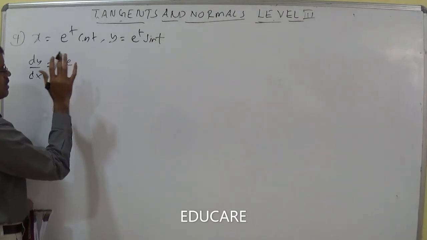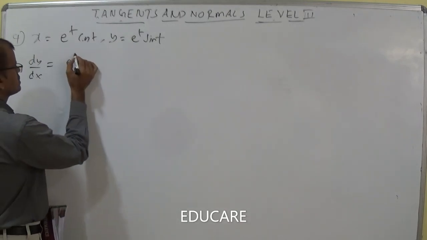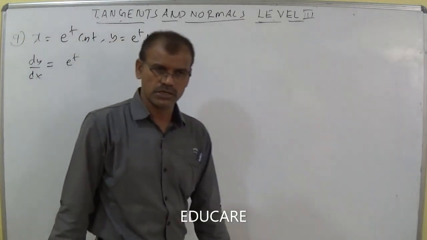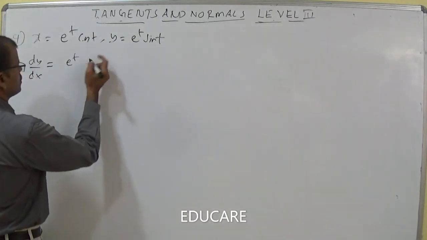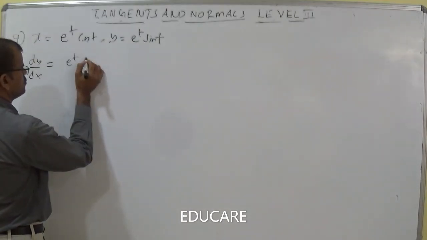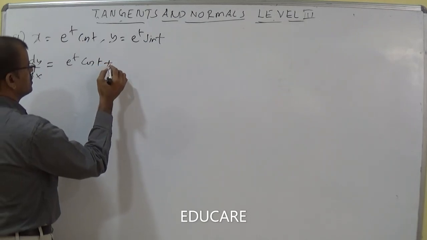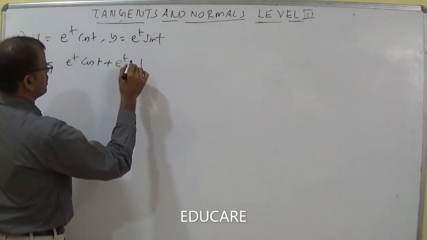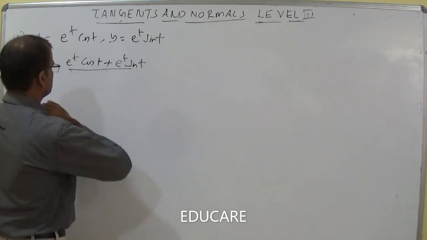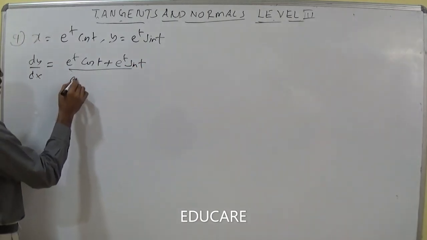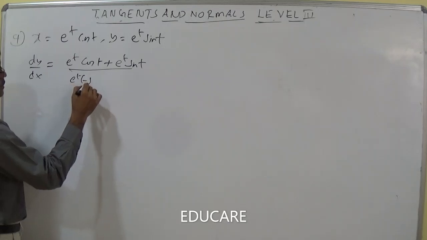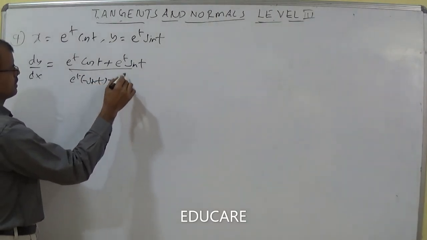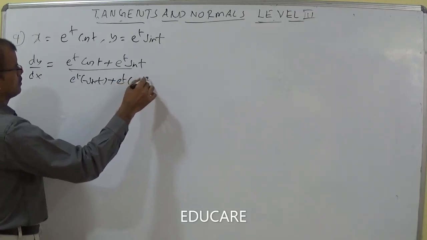Using parametric differentiation, we can say that dy by dx is equal to dy by dt by dx by dt. So e power t into cos t plus e power t into sin t, using uv dash plus vu dash, divided by e power t into minus sin t plus e power t into cos t.